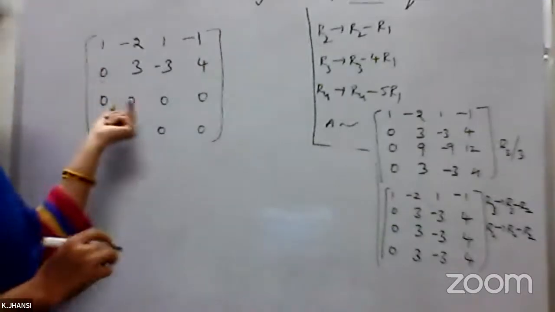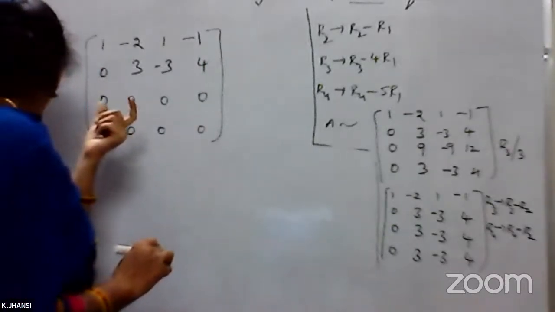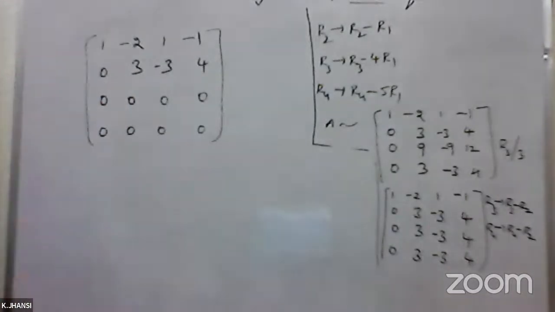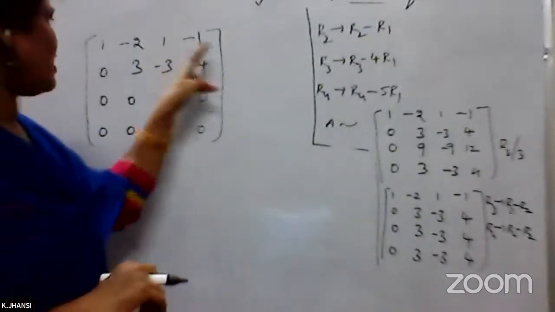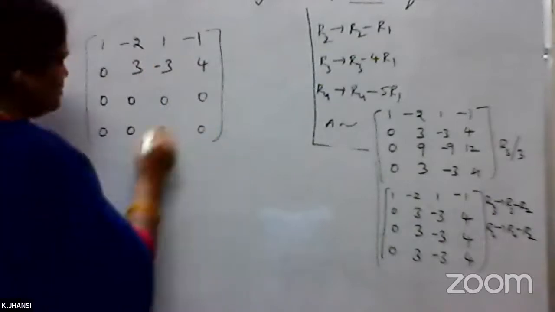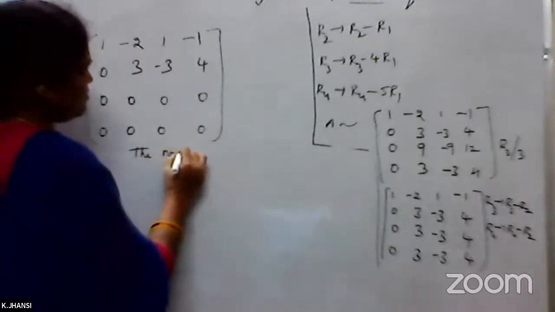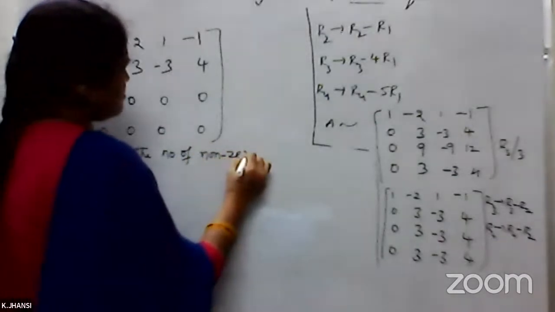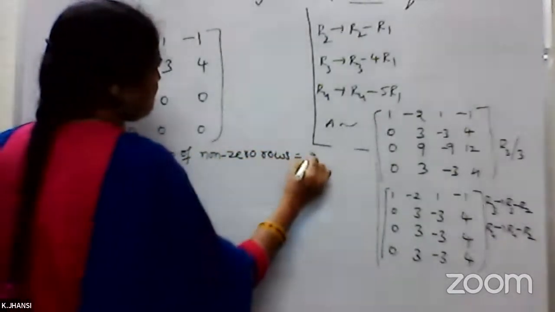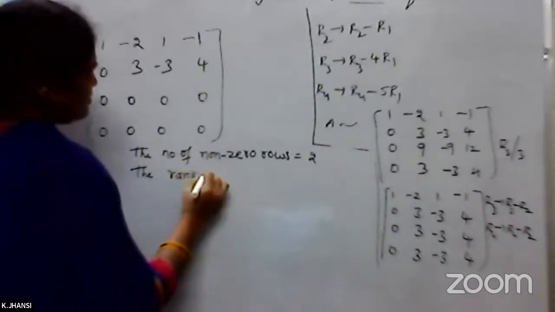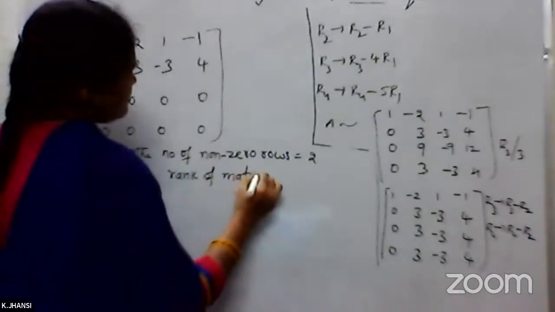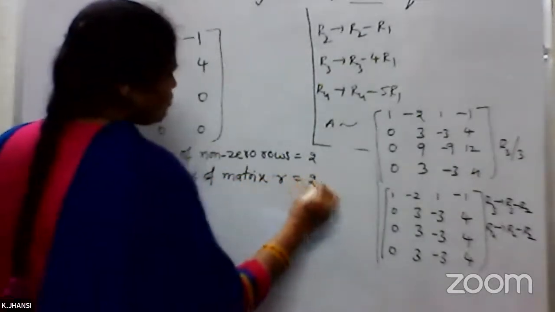Here the two rows have been made zeros, so the non-zero rows are only 2. Therefore, the rank of the matrix R equals 2.